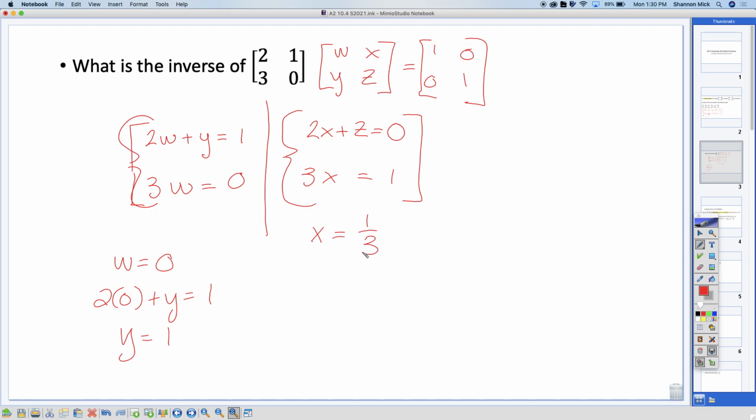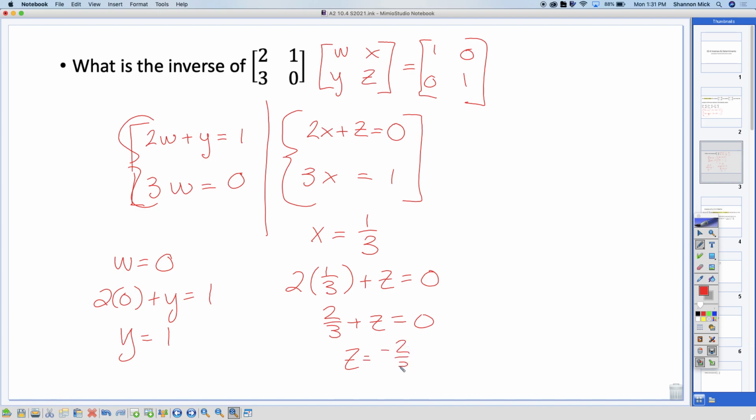Yes. So that would be 2 times a third plus Z equals 0. So 2 times a third would be 2/3, right? And then I would subtract it over. So Z equals what?